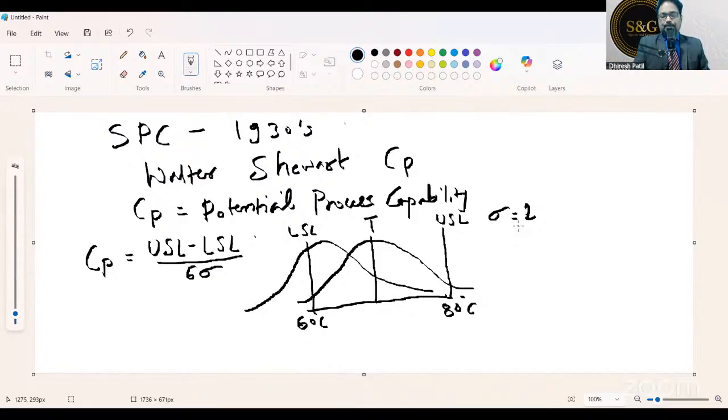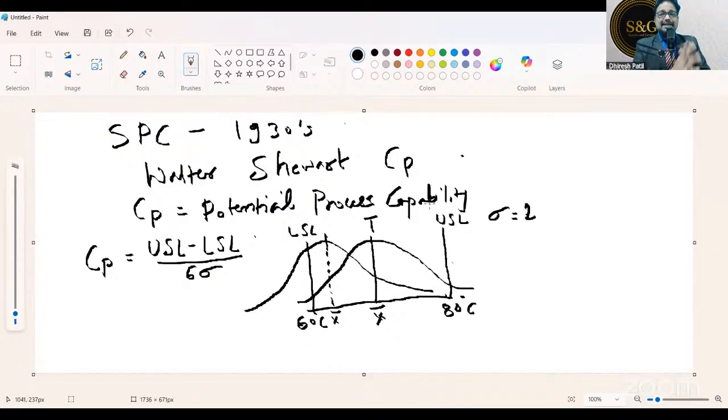Earlier, the average was hitting the target. In this case, this was the average, which was exactly matching the target. In the second process, X bar has shifted to this side. The standard deviation, the variability, is the same, but the entire process has shifted.